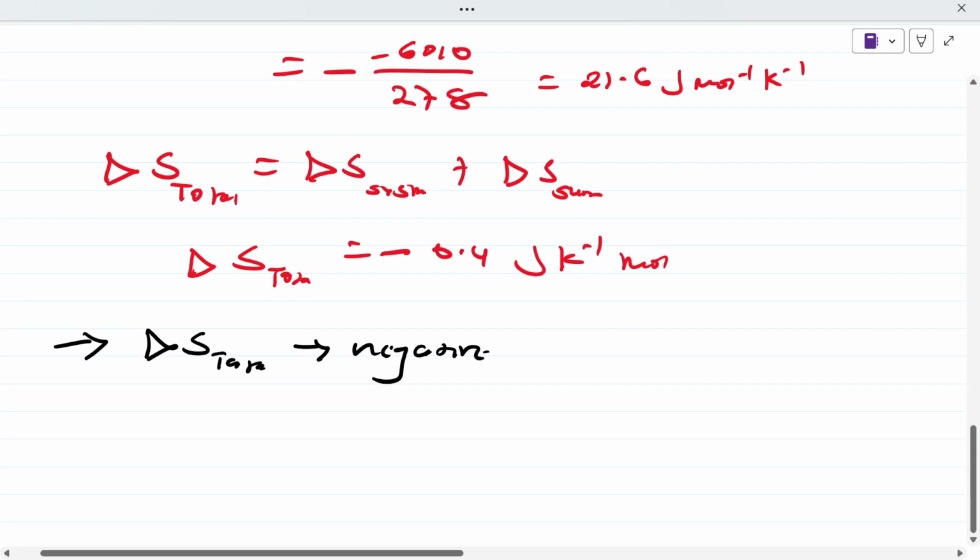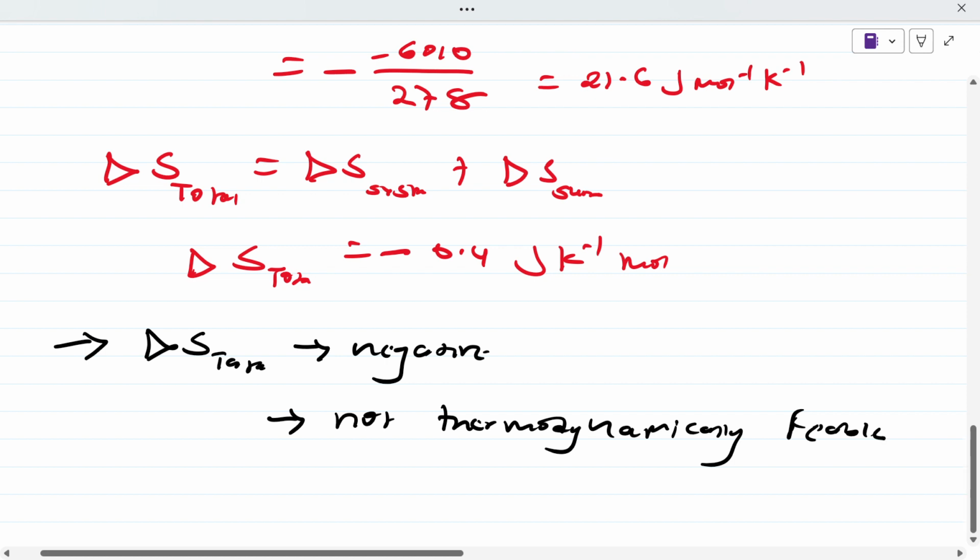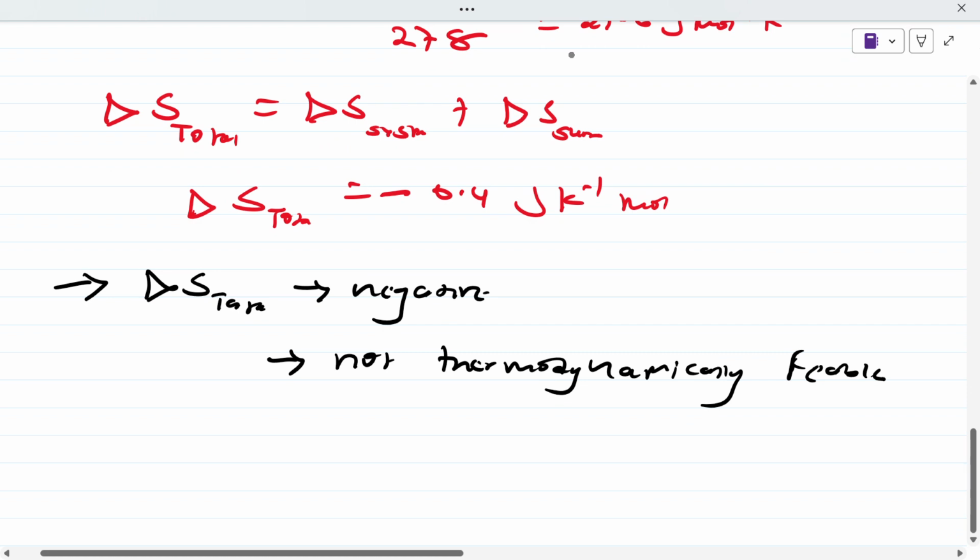Meaning, this change is not thermodynamically feasible. For that reason, water will not freeze. So, it will still be in liquid.